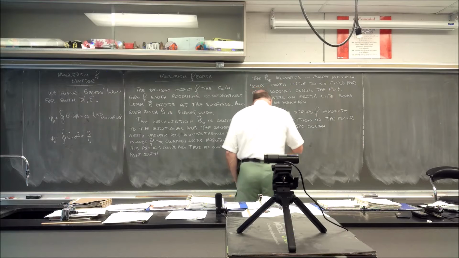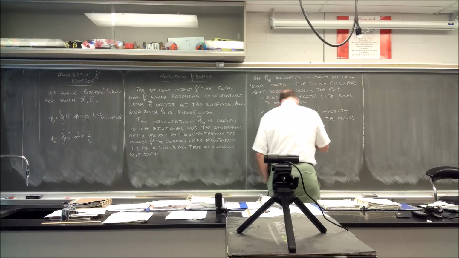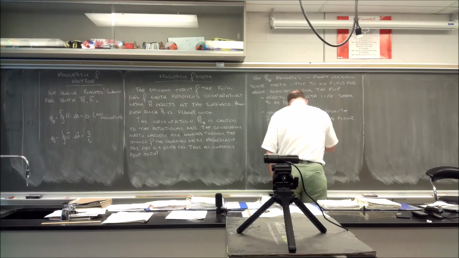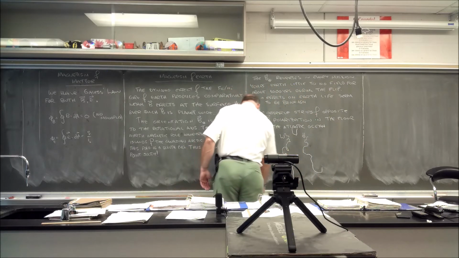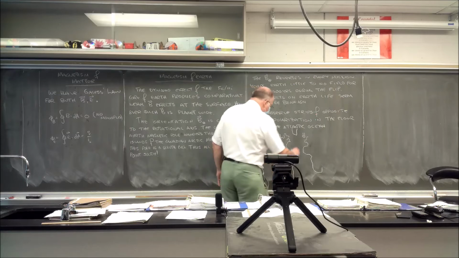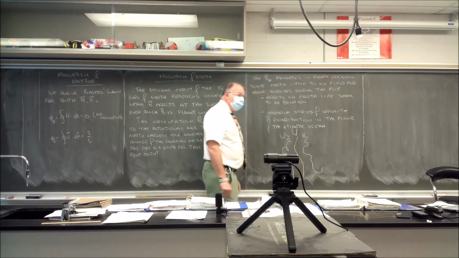Now, I don't know here, this is not going to end well, but there's your Atlantic Ocean, and we have a mountain range that kind of goes down the middle like this, called the Mid-Atlantic Ridge.